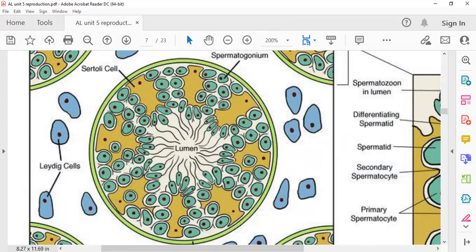How many? 2 types of cells in it. One type of cells are called germinal epithelial cells. What is the name given? Germinal epithelial cells.